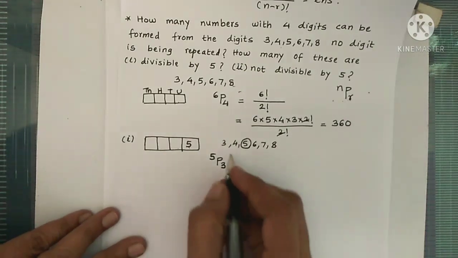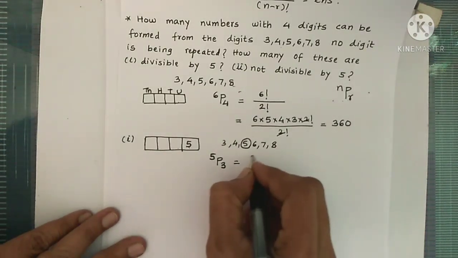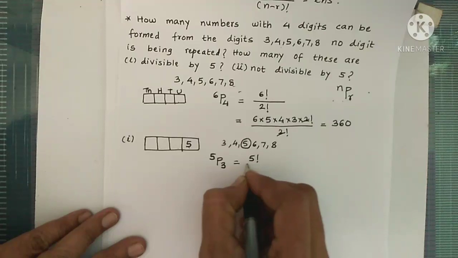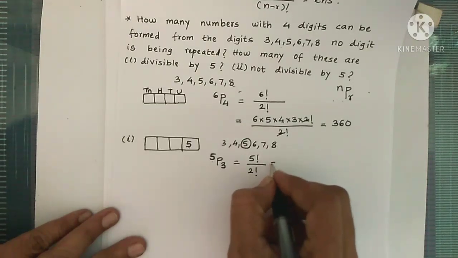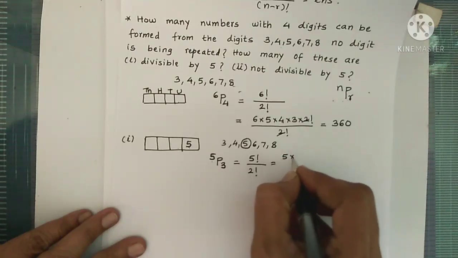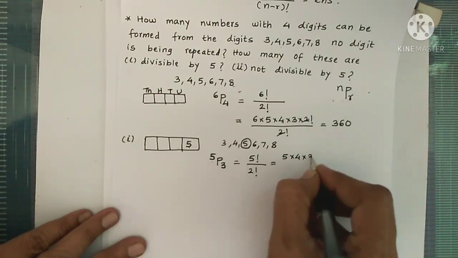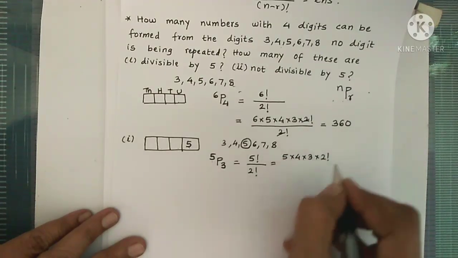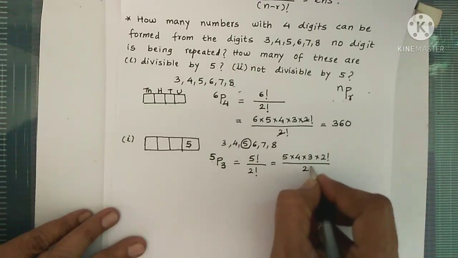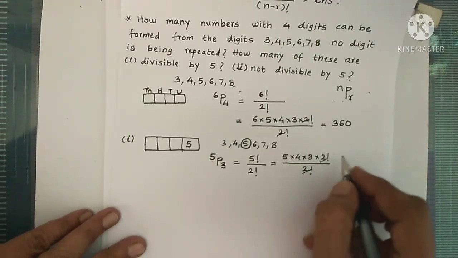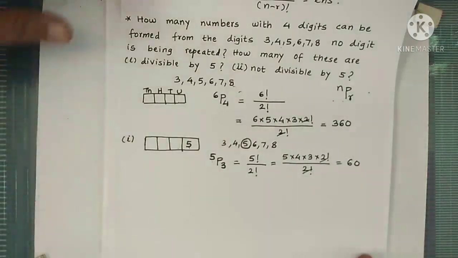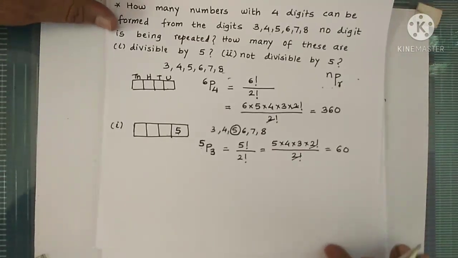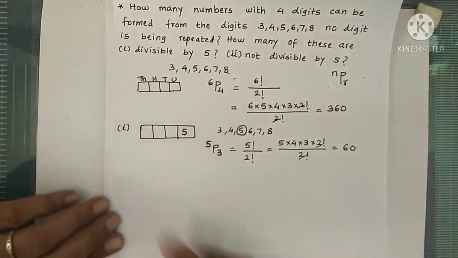So that can be done in 5P3 ways, and the calculation is 5 factorial divided by (5 minus 3), that is 2 factorial. 5 into 4 into 3 into 2 factorial divided by 2 factorial. So the number is 60. So 60 numbers are divisible by 5.